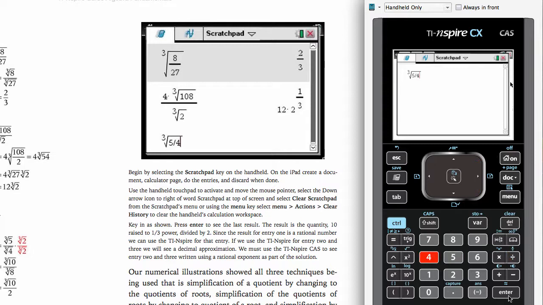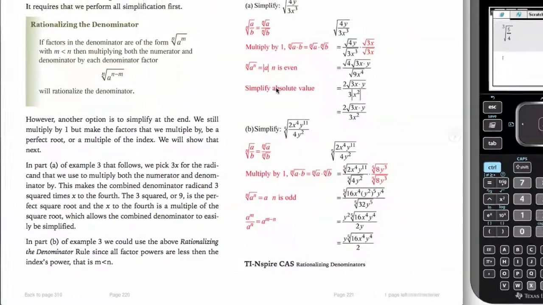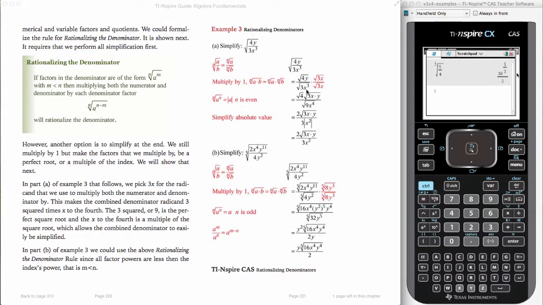So rather than use the fraction template, we'll just go ahead and put it in this way and press enter, and we see we turn out with the cube root of 10 over 2, which is the same answer we got on our calculator. So here we talk about rational denominator.